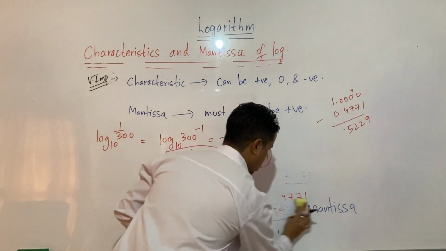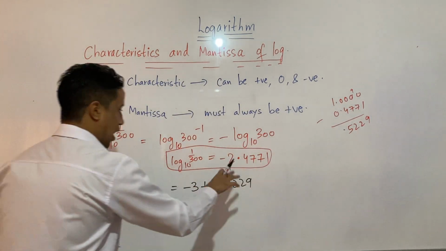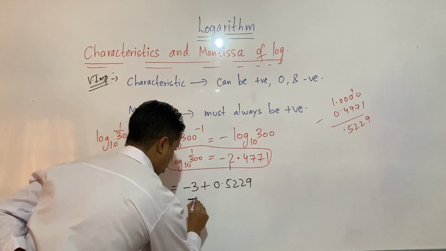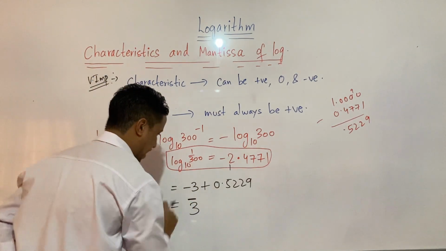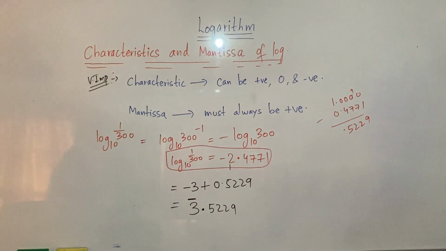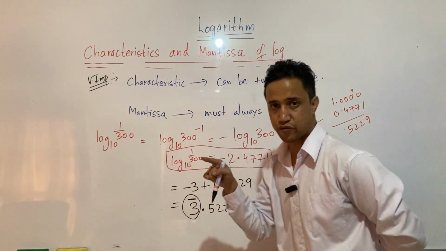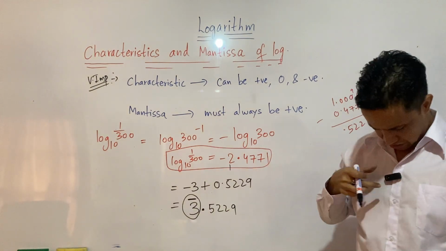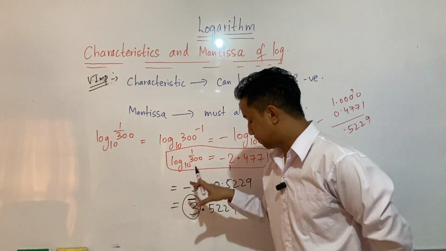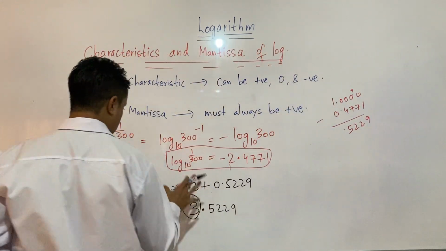When we combine both of them, we write it like this. We put a bar on 3. This horizontal bar on 3 means negative 3, and then we put the decimal and write the mantissa. So the horizontal bar on the characteristic means that the integral part is negative. Just put this thing in your mind.